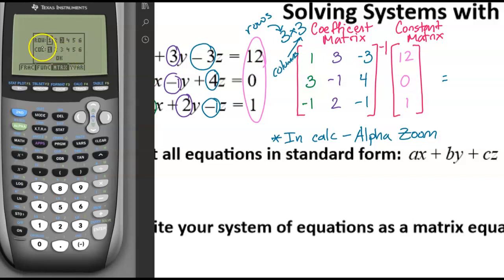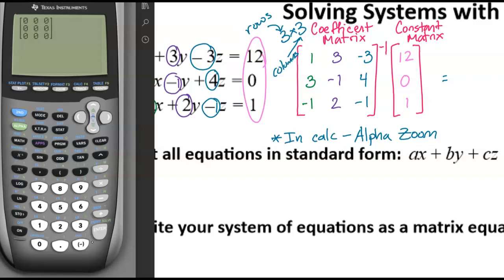So in my calculator, where it says row, it should be highlighted over 3, and you press enter. For number of COL, which stands for columns, again, you should highlight over 3 and press enter. And then you just arrow down and hit enter on OK. So now you should see a matrix that has all zeros as your values.